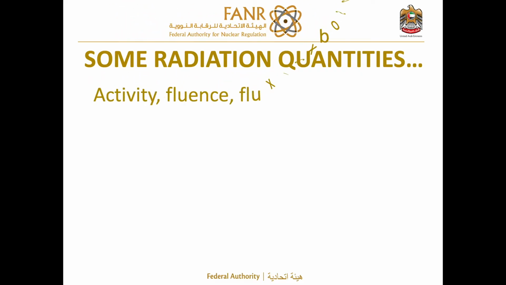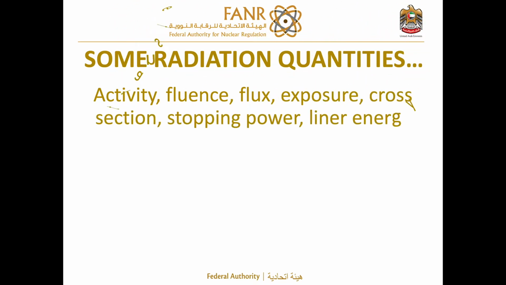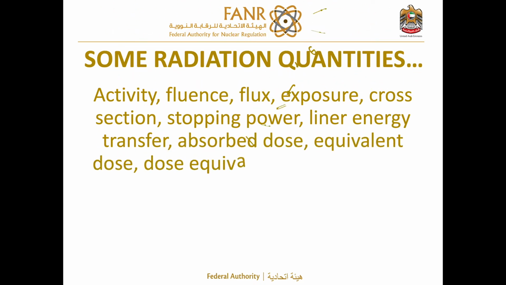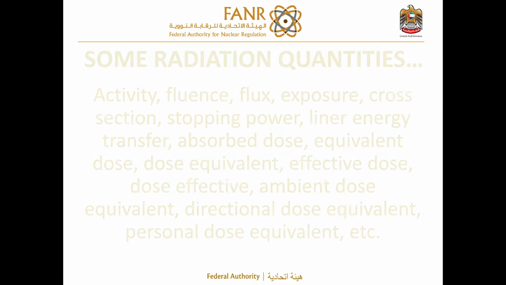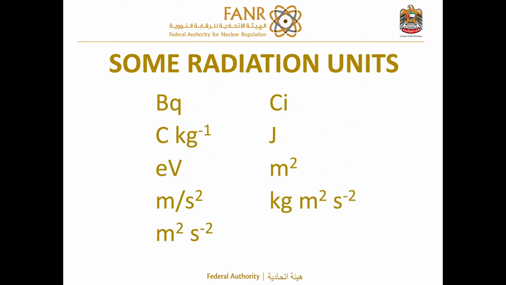There are many quantities which are used in radiation protection, and more in general, they are used in the metrology of radiation or in radiation transport, in many disciplines which are around radiation protection. Here you see a list. It is not so important to know all of them, but to give you the idea of how complicated this may become. Each quantity must have a unit in order to express it.